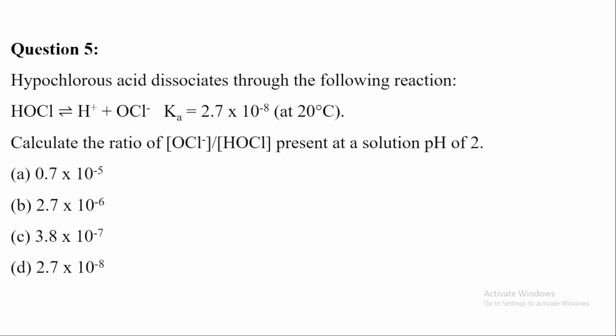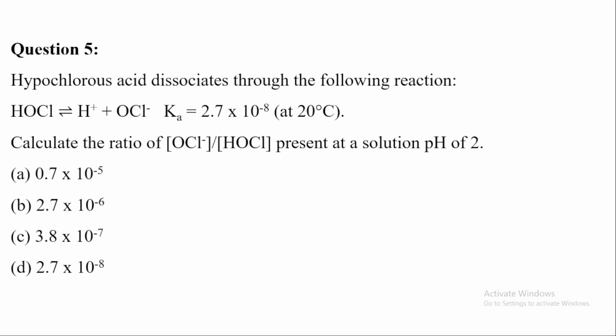So it is the concentration of H+ multiplied by the concentration of OCl- divided by the concentration of HOCl. In the question we have been asked to find the ratio of OCl- by HOCl. From where will we get the value of the H+ concentration? In the question we have the pH given.